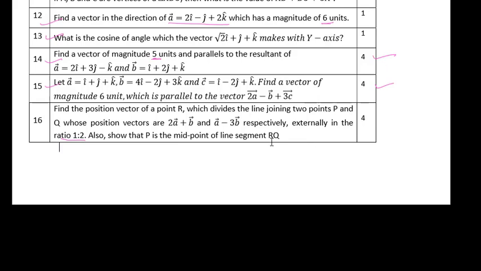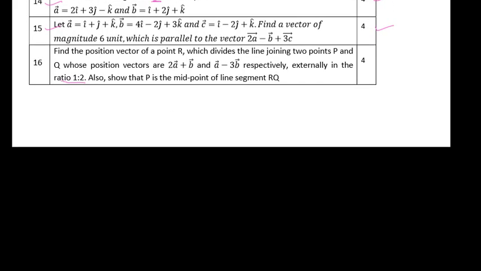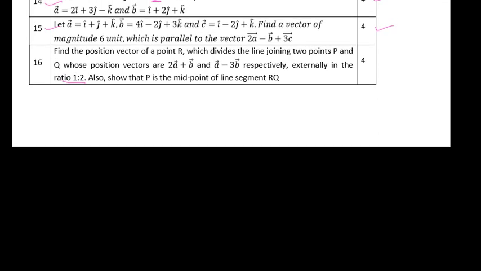So I think we will solve this 16th question. Okay, let us solve here only. Find the position vector of point R which divides the line joining P and Q externally in the ratio 1:2. So OR bar, direct solution. Something wrong I am doing.